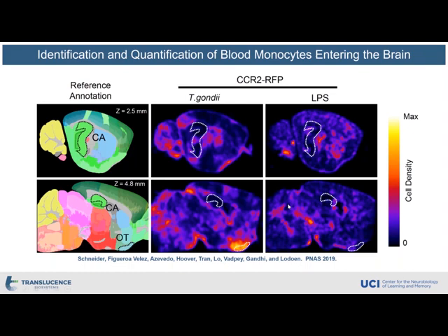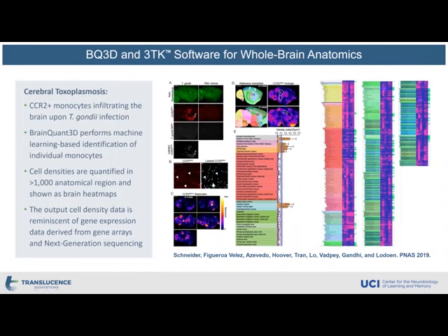So we developed our software pipeline to give us the ability to quantify by brain region how many monocytes were infiltrating. And here you can see a few regions which popped up as having greater than chance preponderance of monocytes.